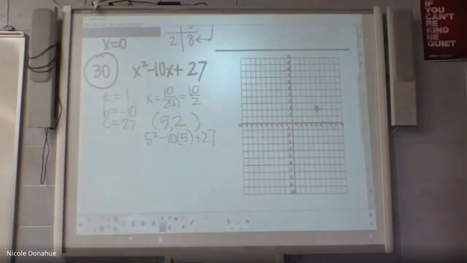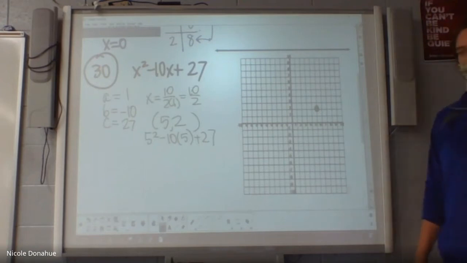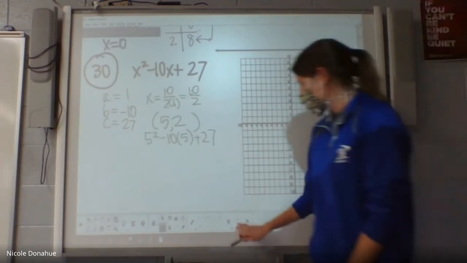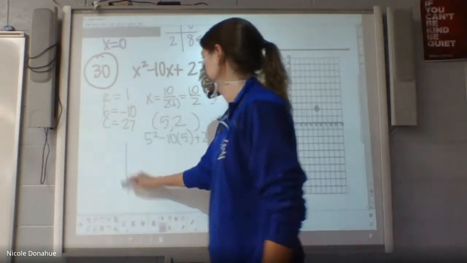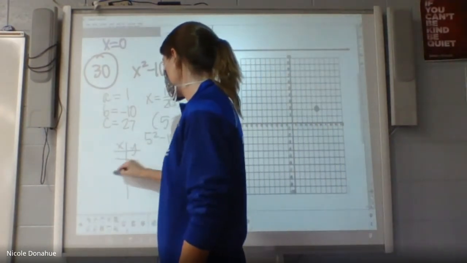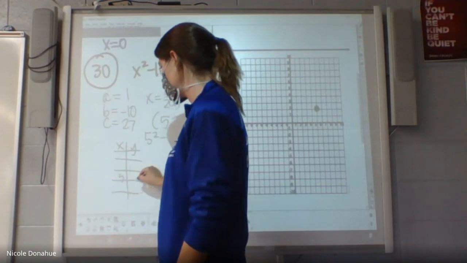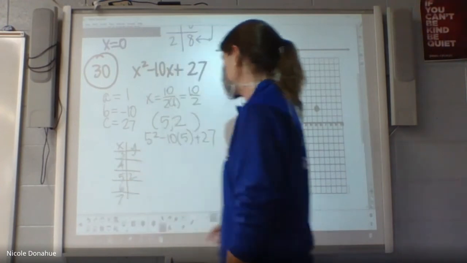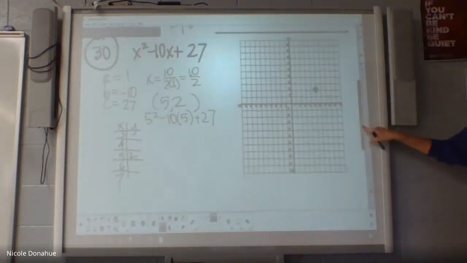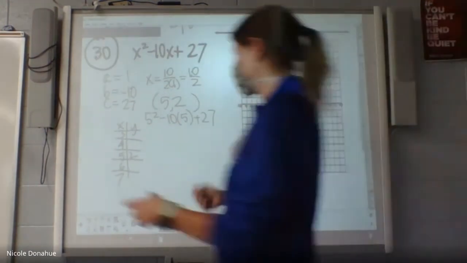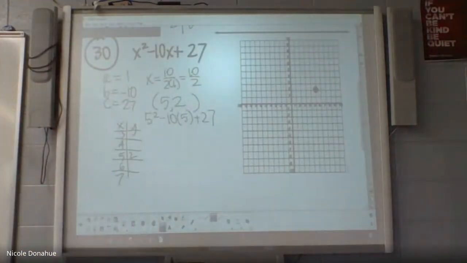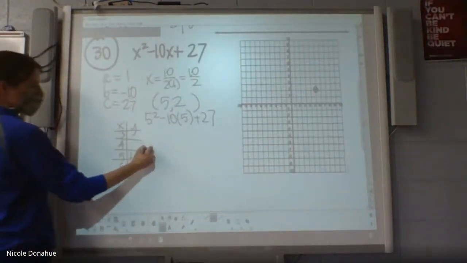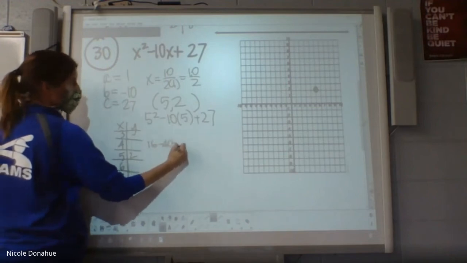Okay, so we have 5, 2 here as our vertex. Then we have to pick a couple points around that. So I'm going to make my table of values. So 5, 2. I'm going to put 4, 3, 6, and 7. Now when I substitute those in, if I put 4 squared in, that's 16 minus 40 plus 27.